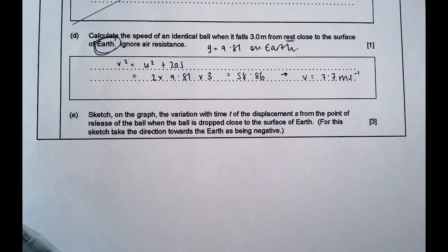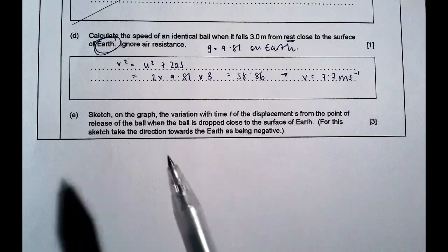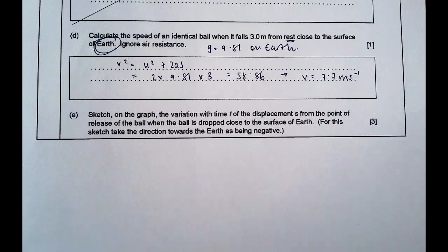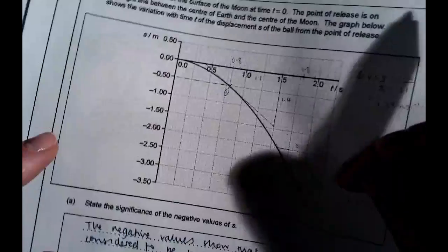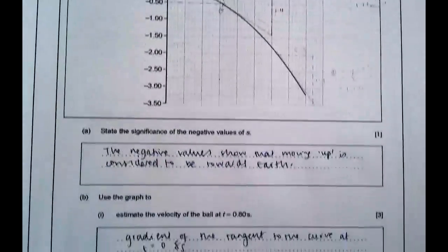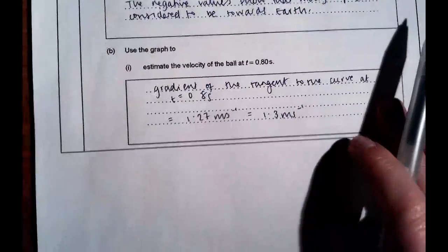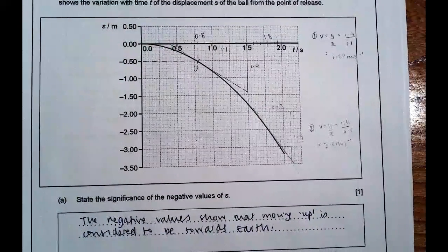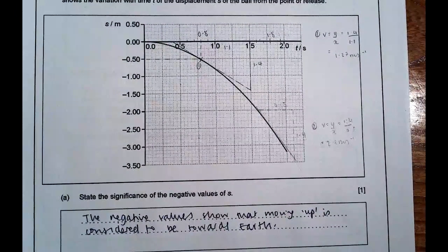And then you're flipping the direction towards Earth this time to be negative so that it fits on the graph. So remember that previously we'd said if we were moving towards Earth it's positive. They're saying just consider it to be negative in this case so that you can make a direct comparison of the shape of the curve.